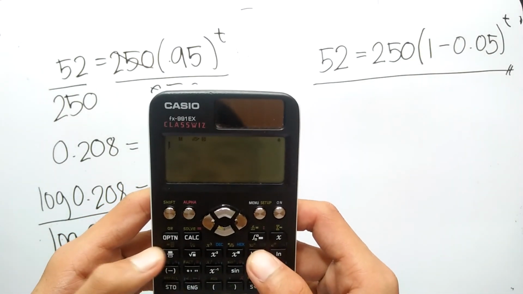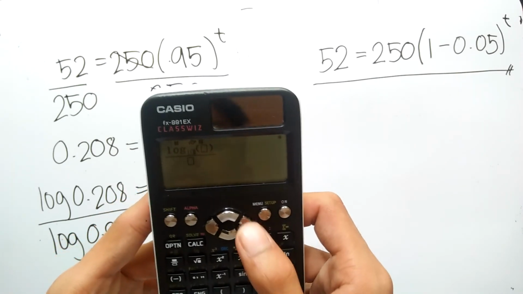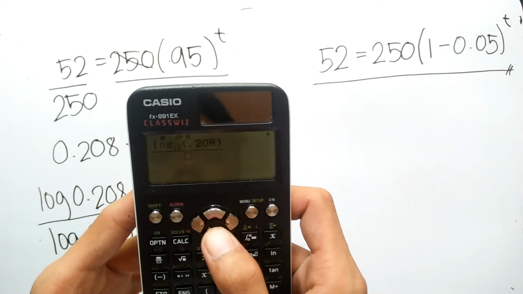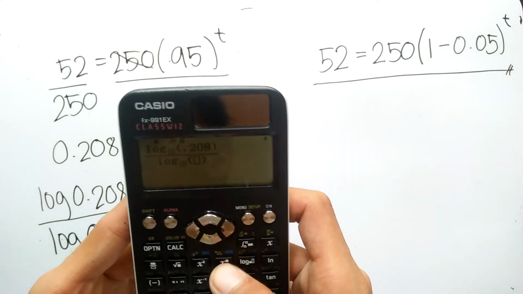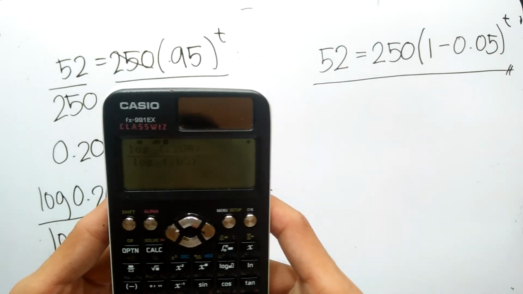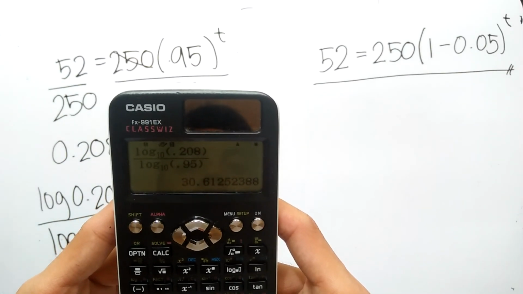So, logarithm base 10 of 0.208 divided by logarithm base 10 of 0.95 is equal to 30.61.